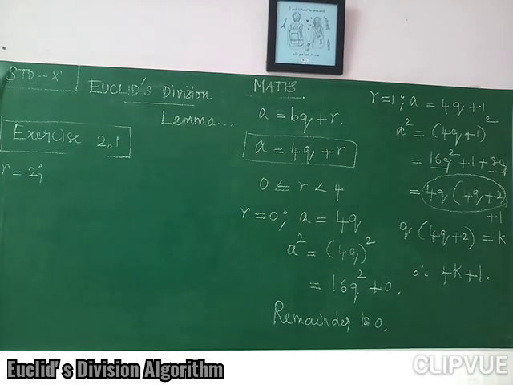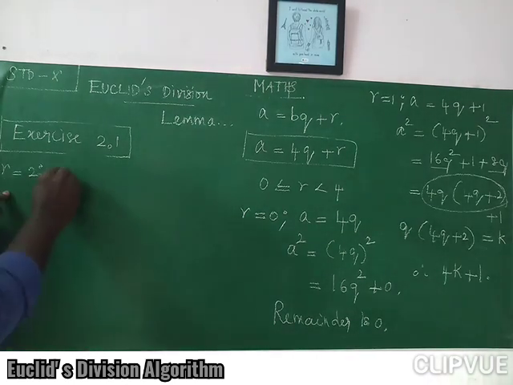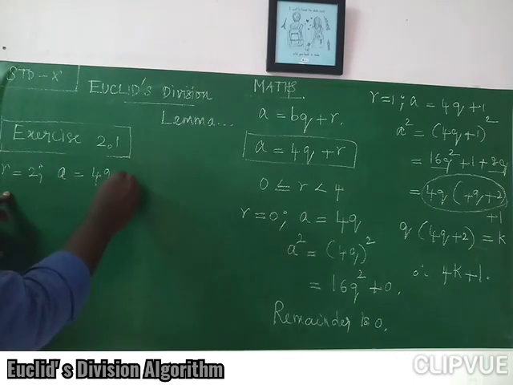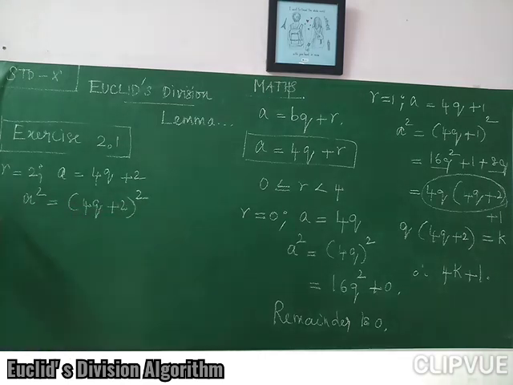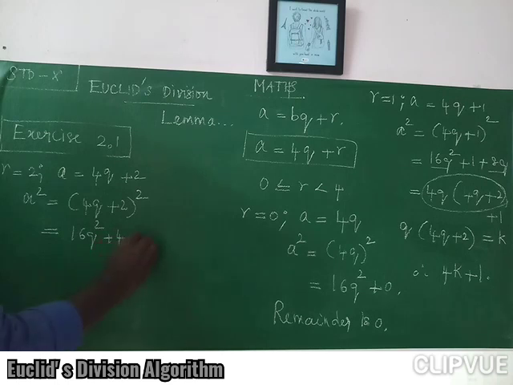If you take r equal to 2, what do we get? a equal to 4q plus 2. So a square equal to 4q plus 2 the whole square. So a plus b whole square, a square plus b square plus 2ab, 2 into 2 is 4, 4 into 4 is 16q.